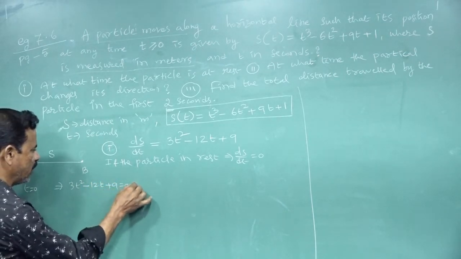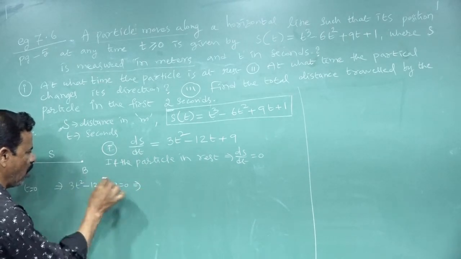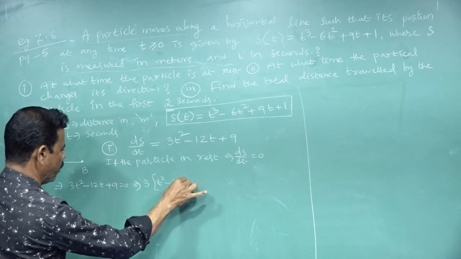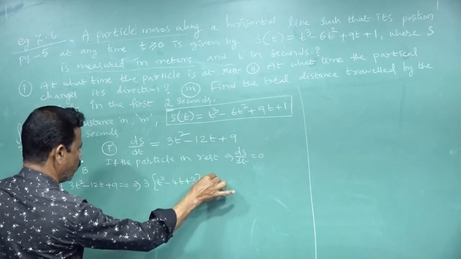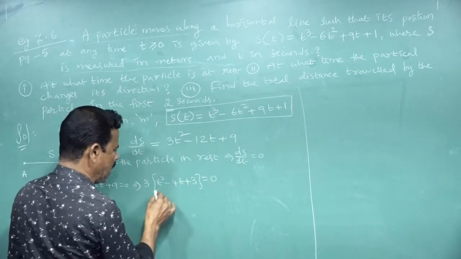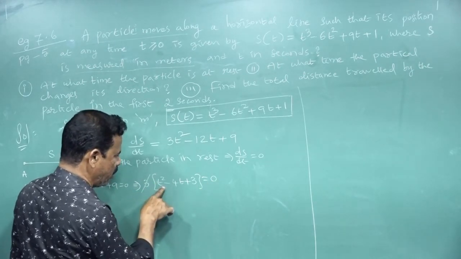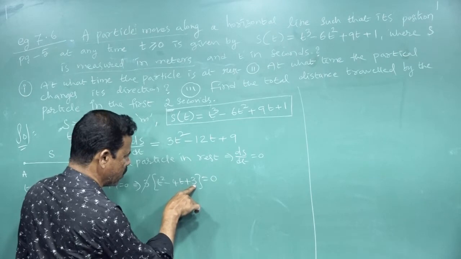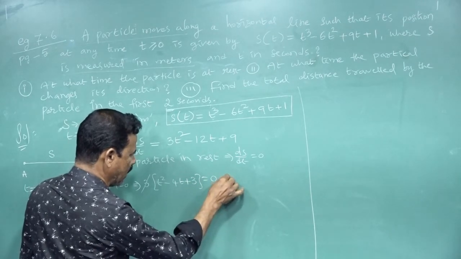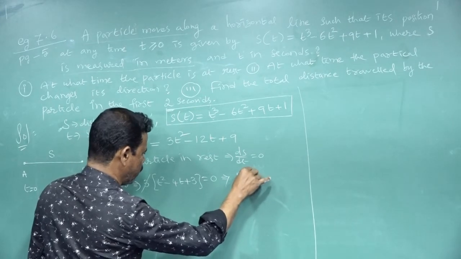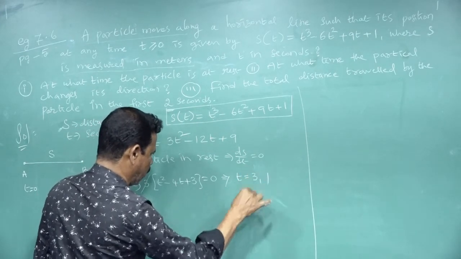Okay, after this, 3 common, 3 into t square minus 4t plus 3 is equal to 0. After that, this 3 outside, 0 by 3, this is cancelled. T square minus 4t plus 3 is equal to 0. This factors, implies t is equal to 3 and 1.